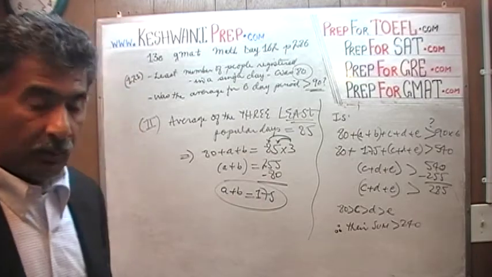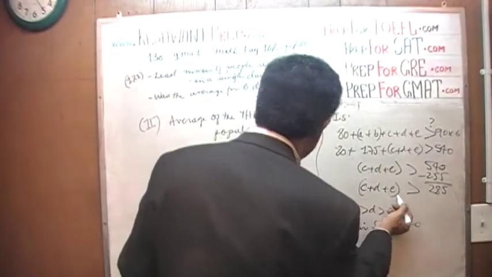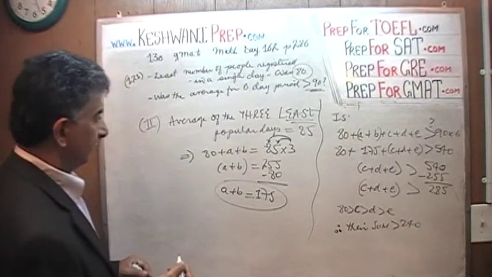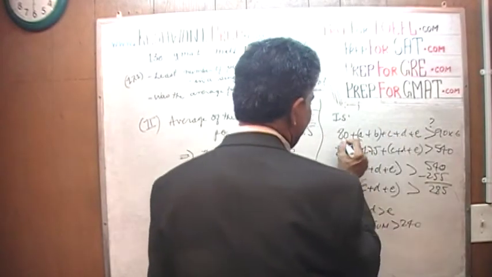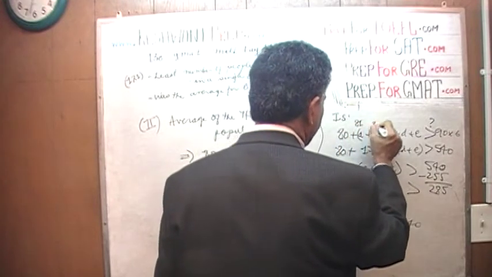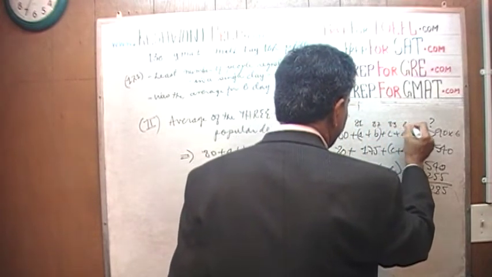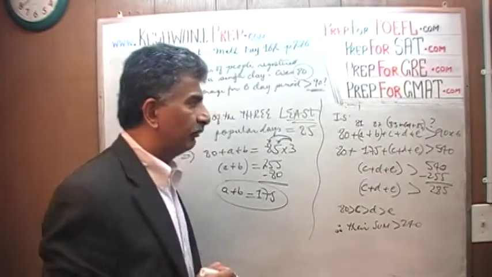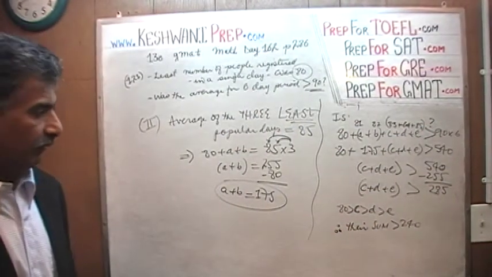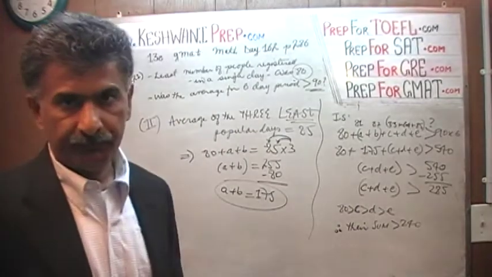For all we know, the C, D, and E could very well be, this is A and B, for all we know, this could be 81, 82, 83, 84, and 85, in which case the sum of 83 plus 84 plus 85 will not be more than 285.